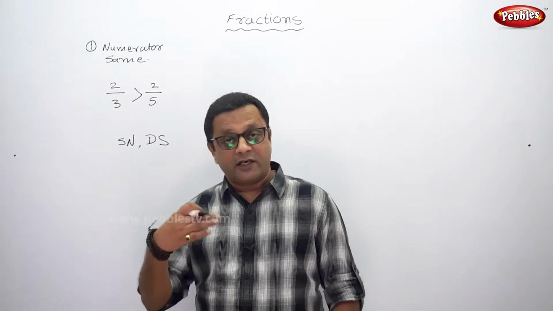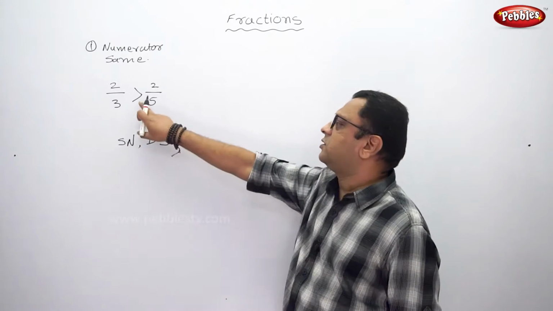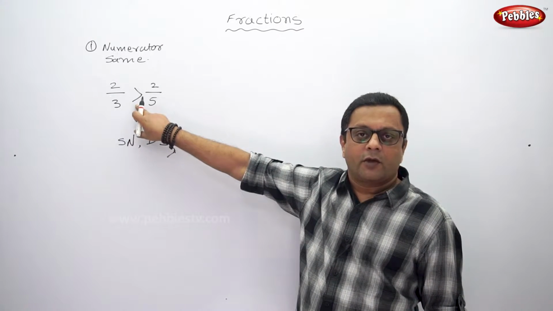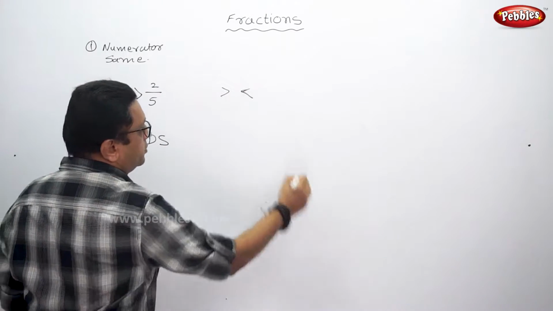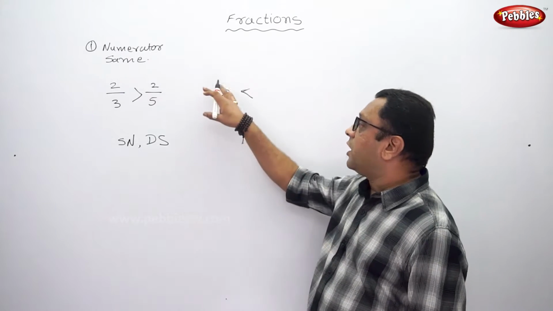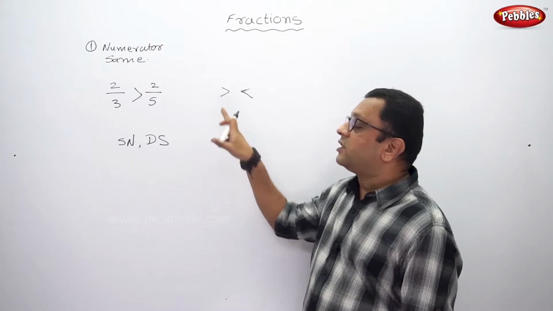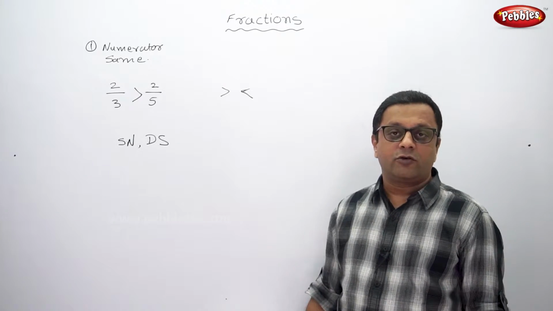Now from my childhood I used to always confuse in this sign, whether to write like this or this. My teacher used to teach me that when this sign is there, on the left hand side should be the bigger, on the right hand side should be the smaller.